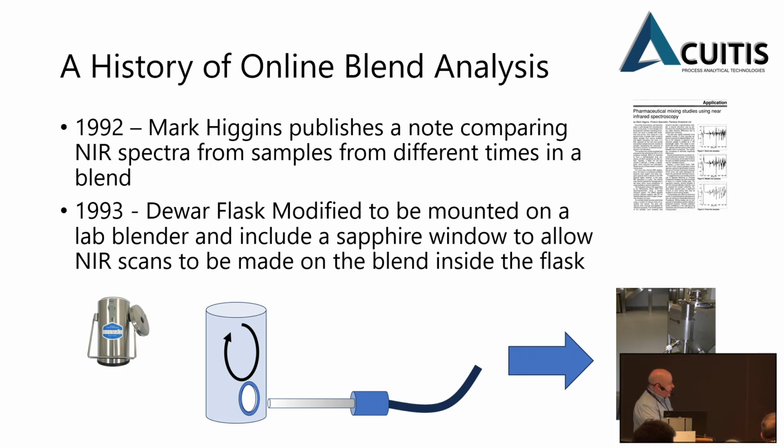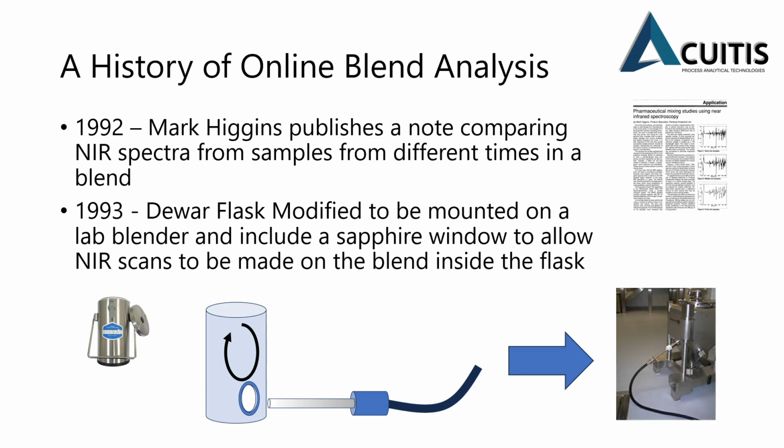Hot on the heels of that, at Pfizer, we took a Dewar flask, which was the handiest stainless steel container we could find. We cut a hole in it and put a sapphire window, and then just tumbled it and then stopped and held a probe up against the window to measure the blend inside the actual container itself.